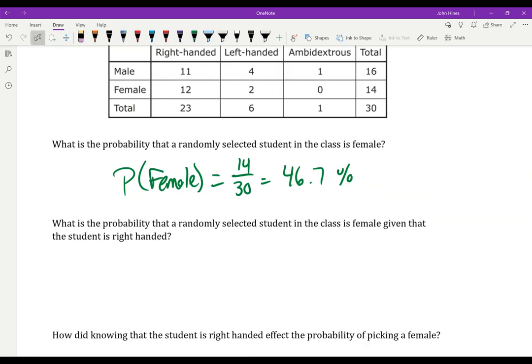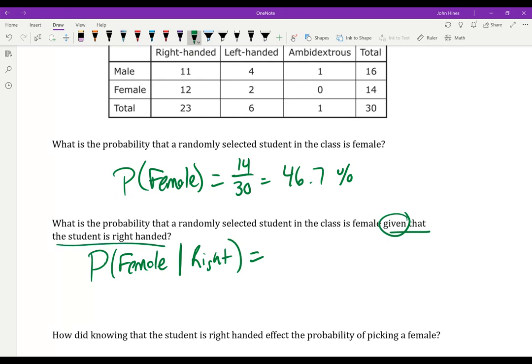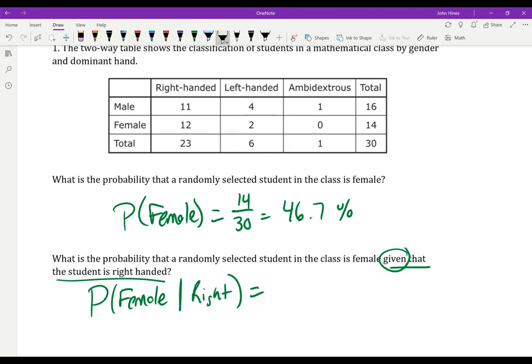What is the probability that a randomly selected student in the class is female given that they're right-handed? So we're still finding the probability of female, but I was given that they were right-handed. So notice, my universe has just shrunk. I was given extra information about who I'm picking from. I am only allowed to pick from the righty column.